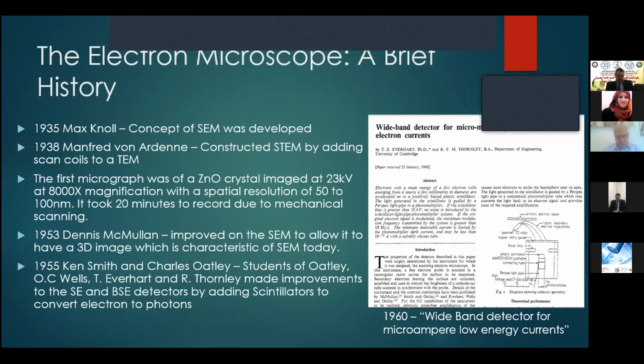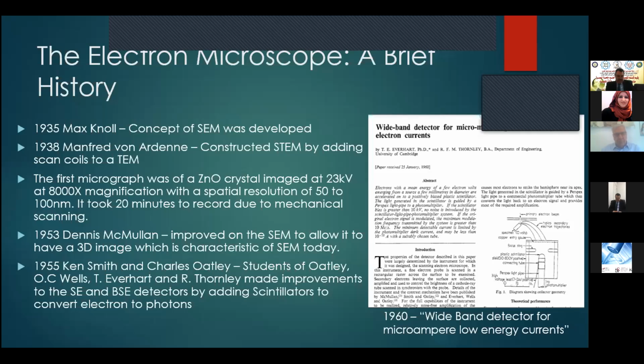But yes, moving on, we then go to 1953 with Dennis McMullan and his group, and they actually improved the SEM to a way that we now would recognize it, with the 3D imaging and the characteristic view that we see when we use SEM today. And in 1955, Ken Smith and Charles Oatley, also very distinguished people in the SEM community, had students called Wells, Everhart, and Thornley, and they made improvements to the secondary electron and backscattering electron detectors by adding scintillators to convert electrons to photons.